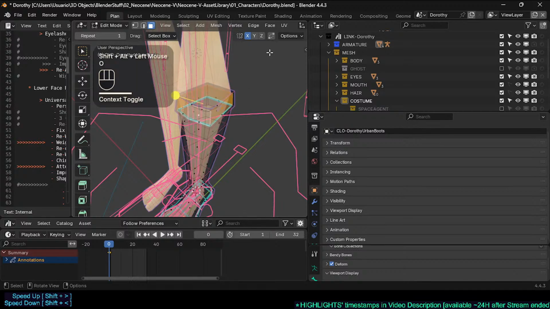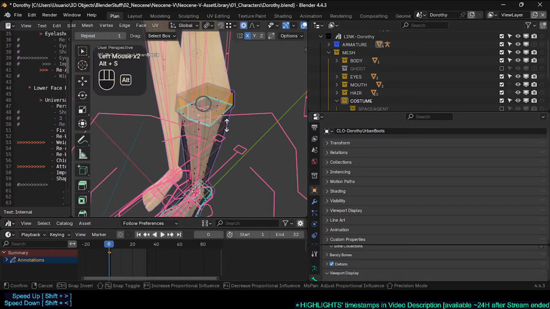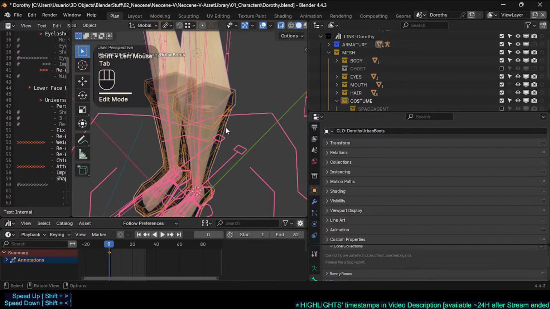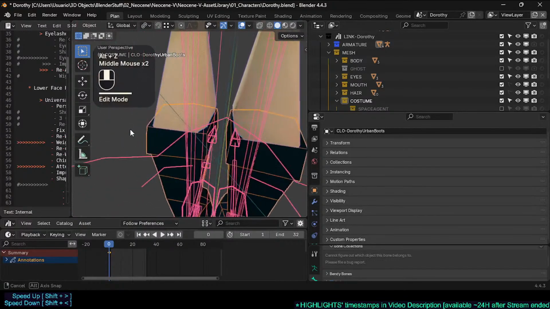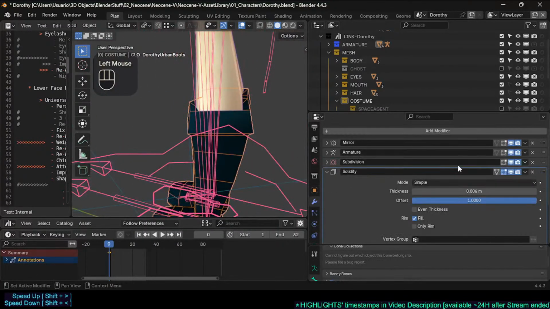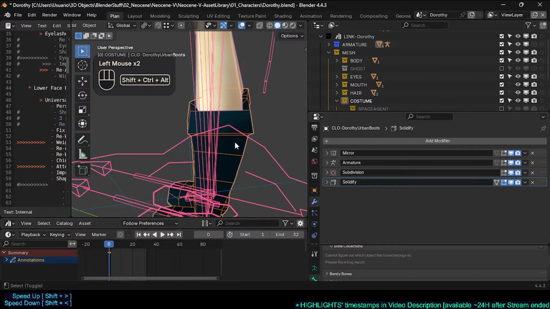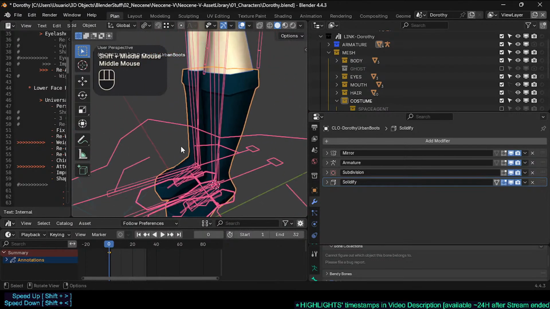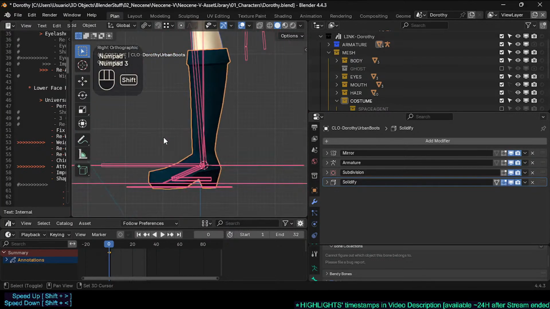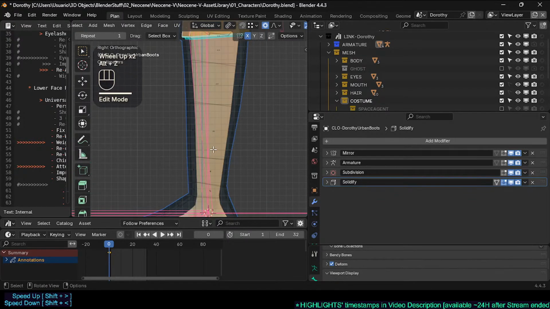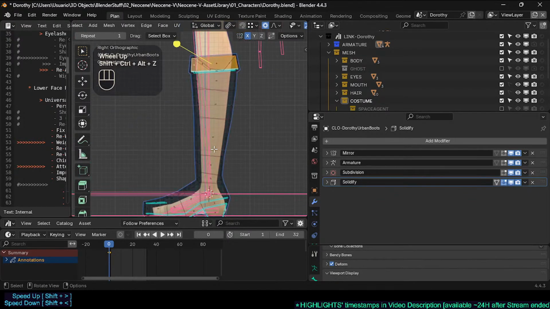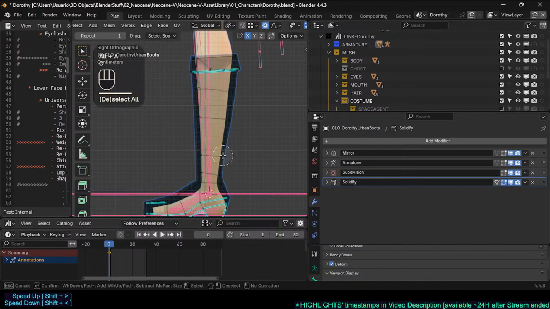Let's use the proportional editing here. Maybe Alt S. It has a solidify modifier. It has a subdivision surface modifier. Yeah, it has many things. So this seems to be fine. Yeah, I need a few more adjustments.